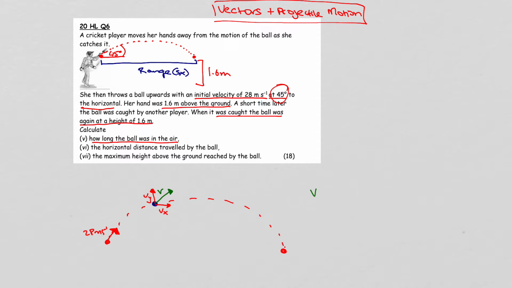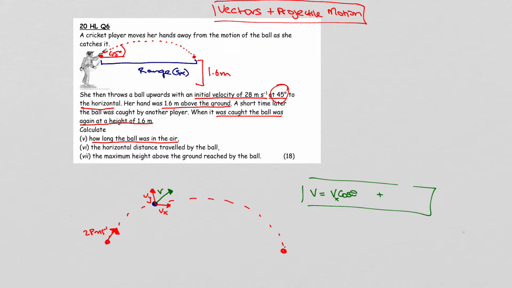So we say that the velocity vector can be written as v cos theta in the x direction and v sin theta in the y direction. We normally call these i and j vectors in applied maths, but for the purpose of physics here, I'm just going to keep it in terms of x and y so you understand what I'm referring to. Okay, and again, sorry, this should be sine theta.